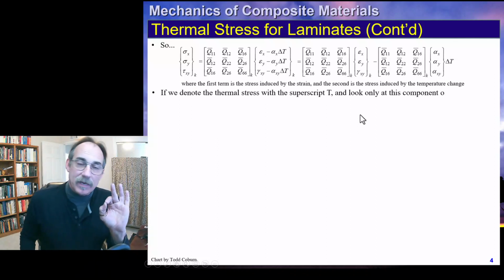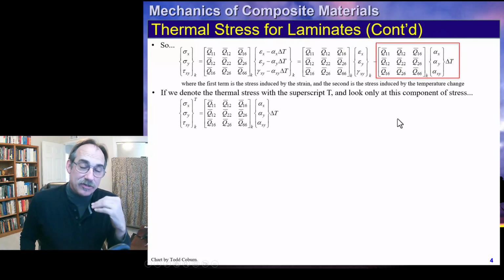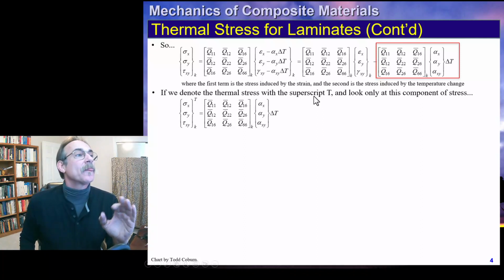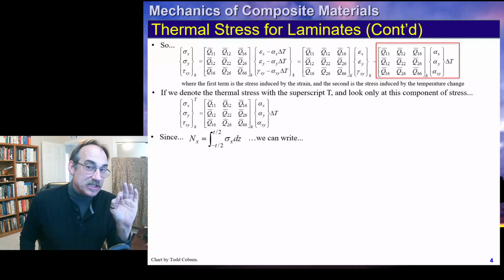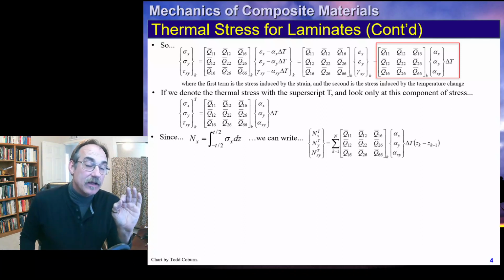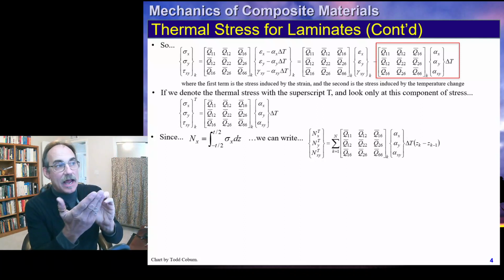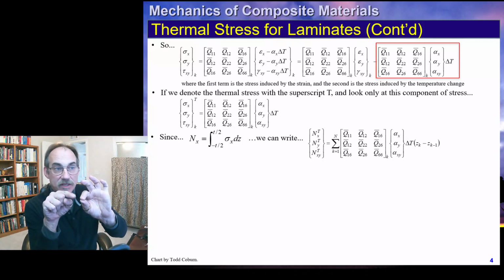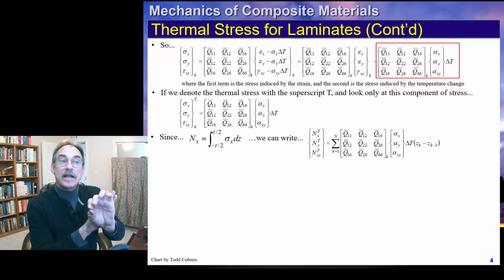Okay? Now, if we denote this thermal part with a superscript T to show that it's for thermal alone, so we're focusing only on the thermal part of this, then we can write the stress for the thermal part this way. All right? Now recall, just like we saw with classical lamination theory, the running load in the ply is just the stress in the ply times the integral across the thickness, and that stress times that change in thickness gives us the running load in that ply.